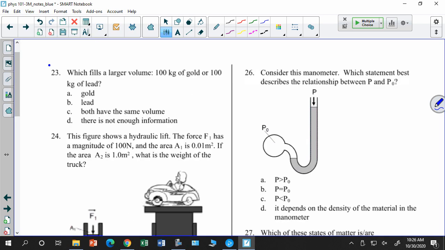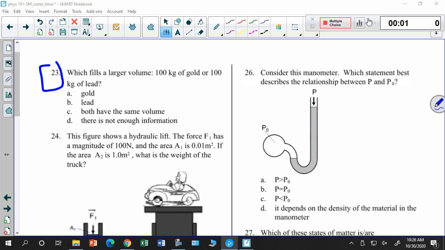Number 23 has to do with density. Which fills a larger volume, 100 kilograms of gold or 100 kilograms of lead? You can look at your equation sheet. You have a table with the densities of all these materials. So you'll need to use that to ask, what are the densities of gold and lead? Your equation sheet's in the front or the back? It's in the very front.